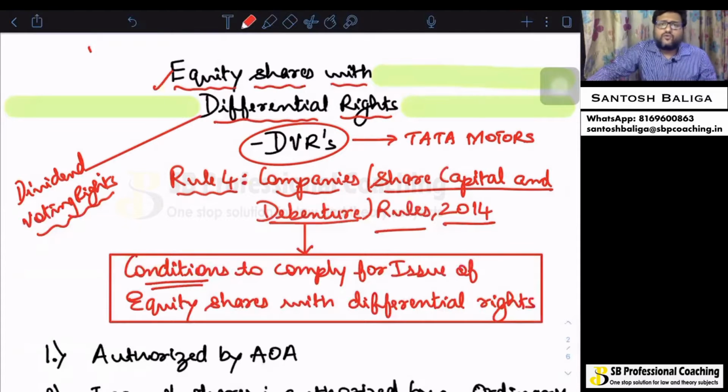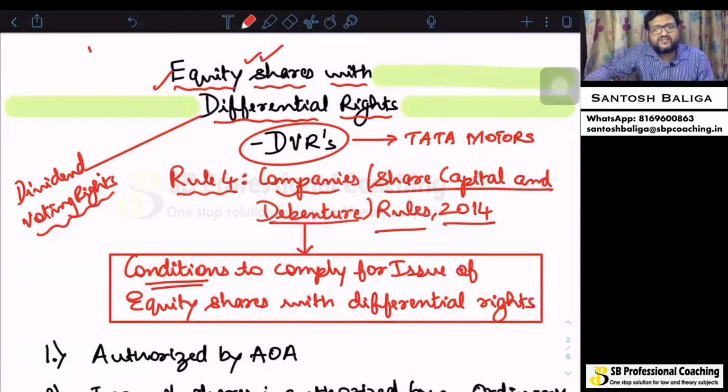Now, can every company issue equity shares with differential rights? The Companies Act under Section 43, read with Rule 4 of the Companies (Share Capital and Debentures) Rules 2014, ensures that there are some conditions which are required to be fulfilled if the company wants to issue equity shares with differential rights.